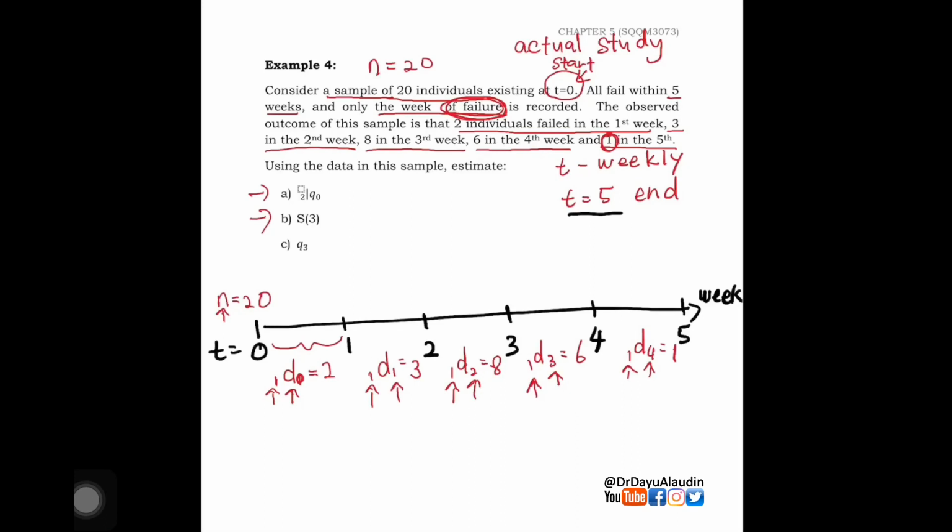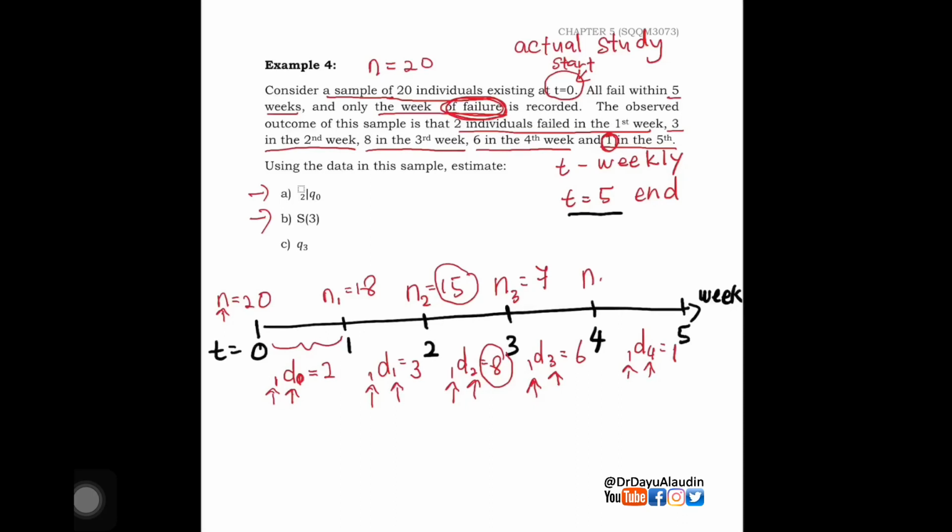At time equal to 0, n is still 20, people still survive. At n1, 20 minus 2, 18 left. So only 18 individuals survive. At n2, 18 minus 3, 15 survive. So n3, 15 minus 8, 7 survive.